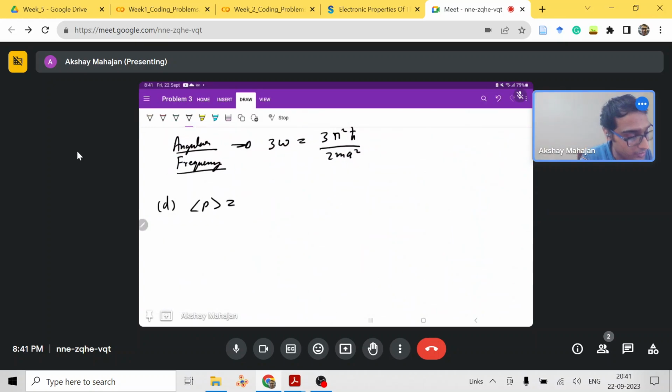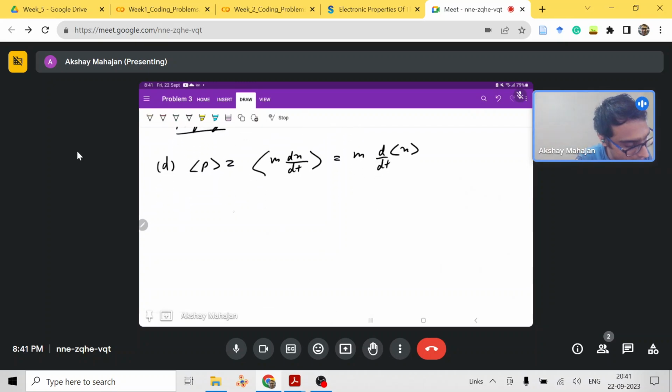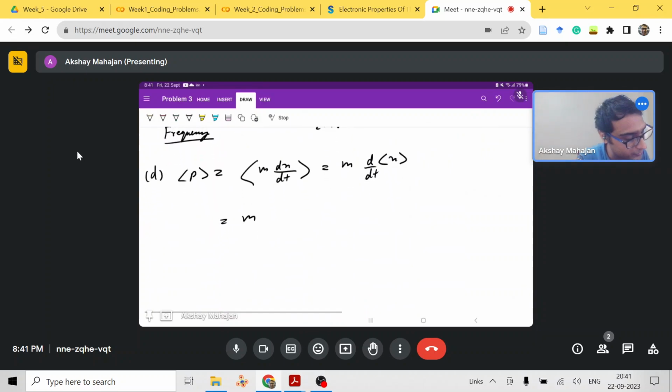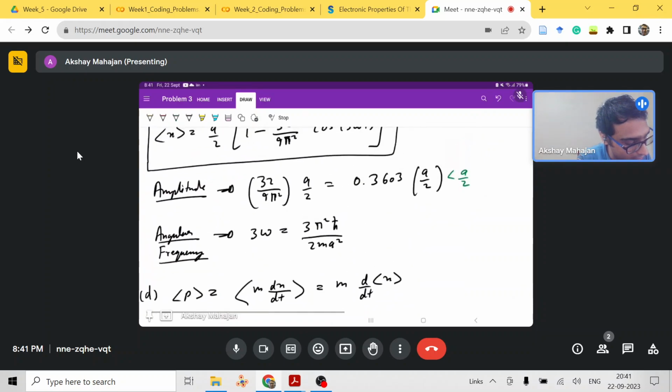We know what the momentum is. Momentum is given by m dx by dt. So this will be m d by dt of the expectation value of x. So we can use this easy way instead of actually going through all the integrations, and the expectation value of x we already have.